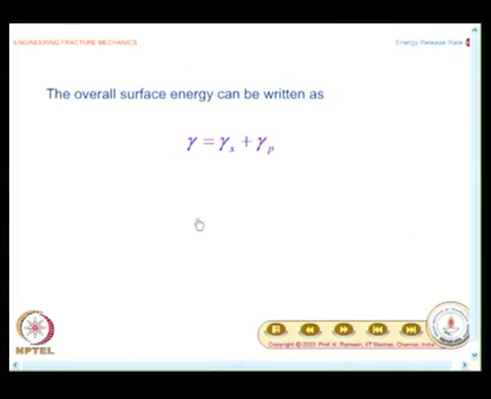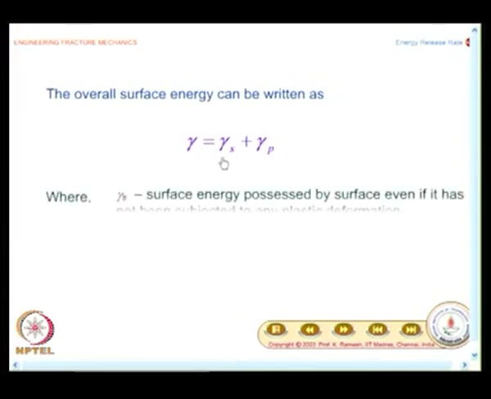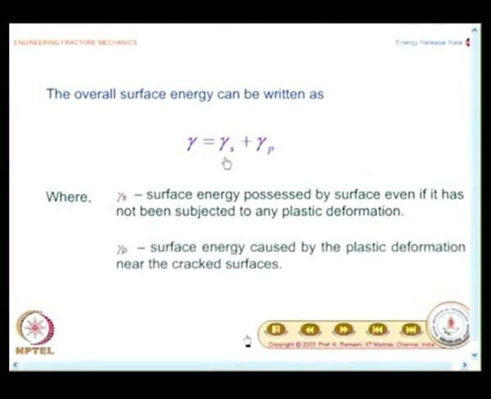So, what he did was, he said, instead of just writing gamma s, take the sum of gamma s and gamma p, and whatever you have discussed as energy release rate, we will still use it, absolutely no problem. But the resistance behavior is different.